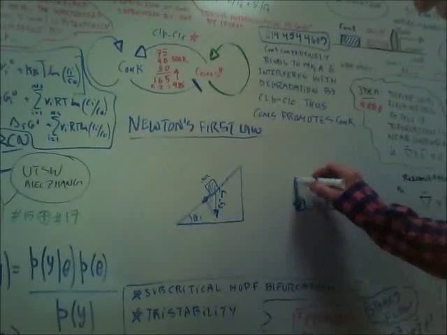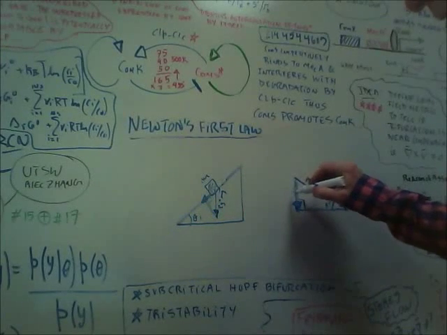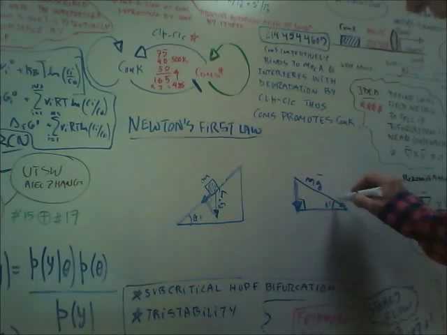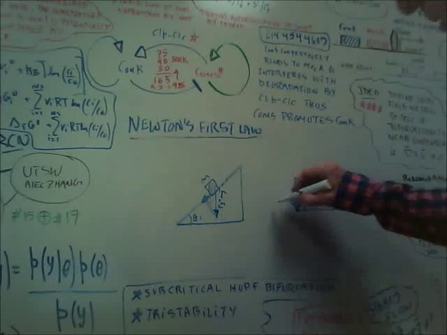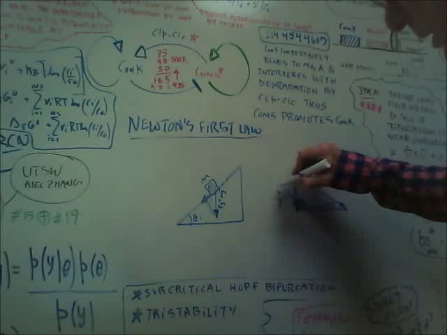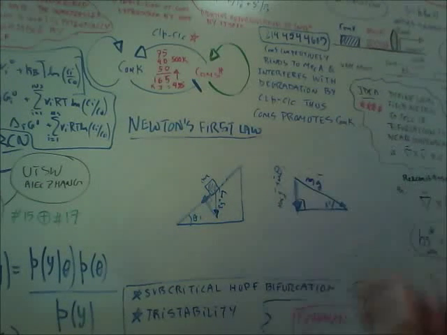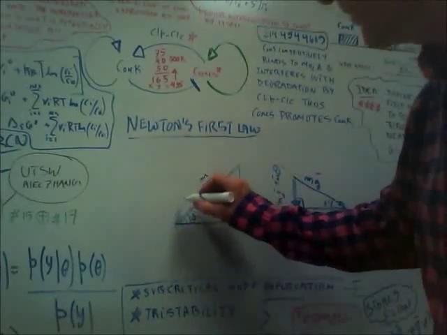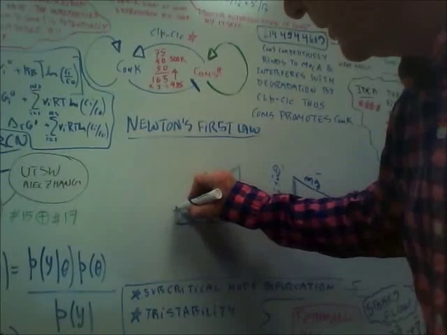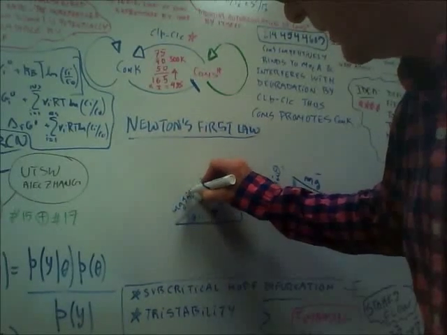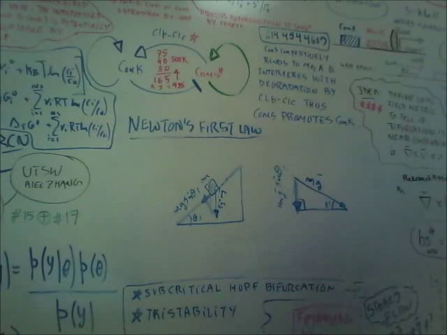I'm only interested in getting this component here, which is mg times the sine of theta 1. So we have one force, mg sine theta 1. We know that's the force that causes the thing to slip.